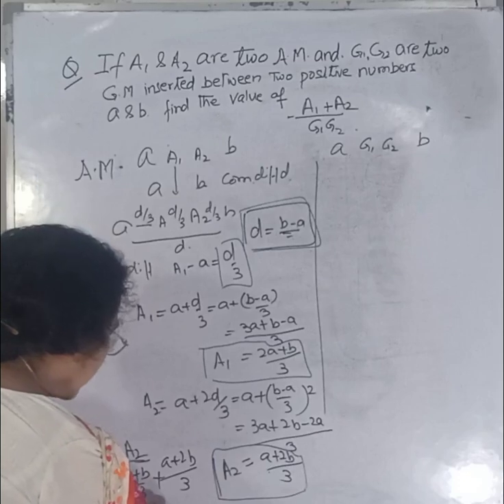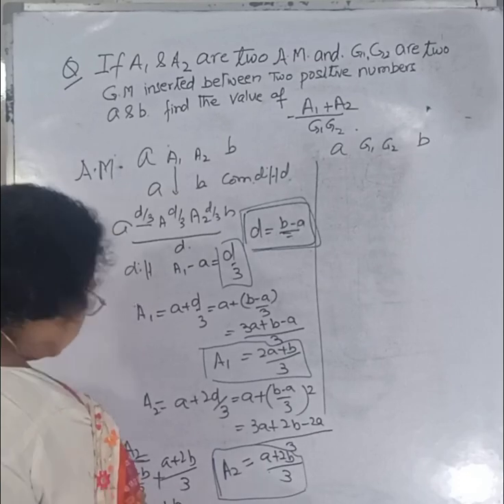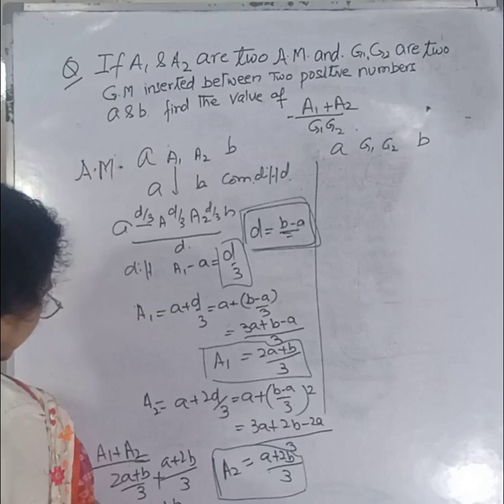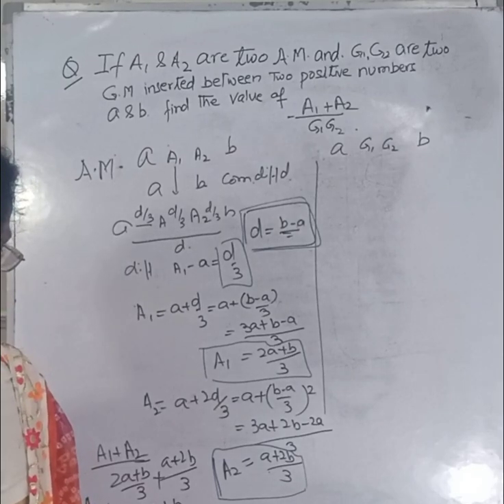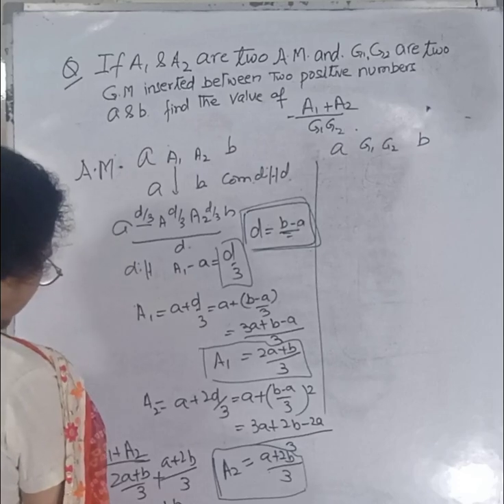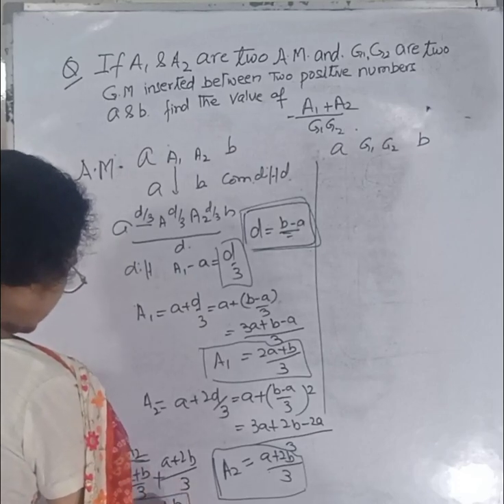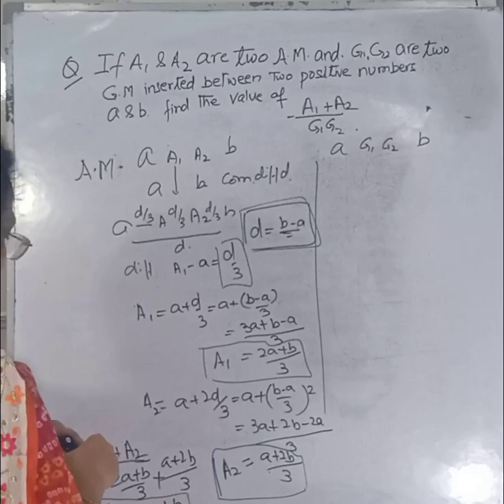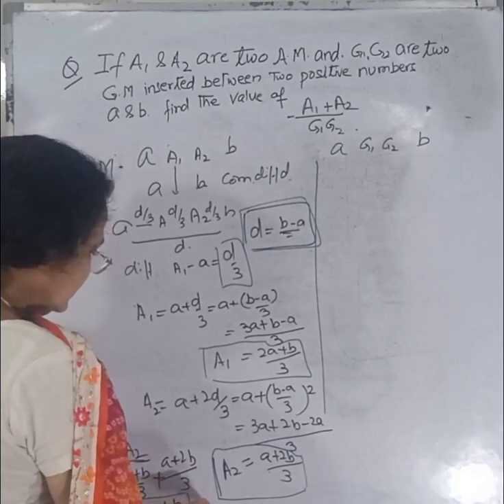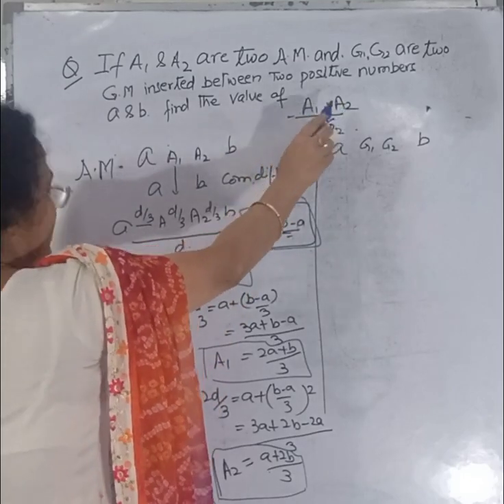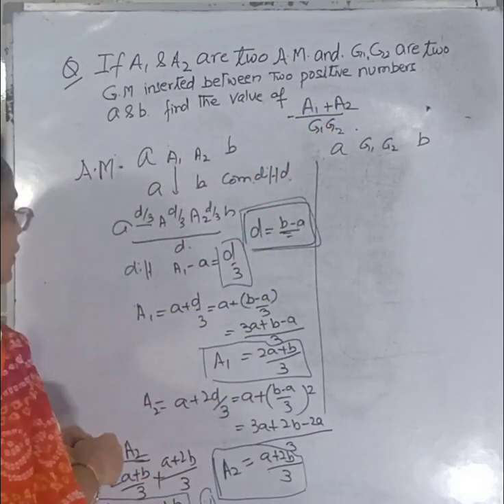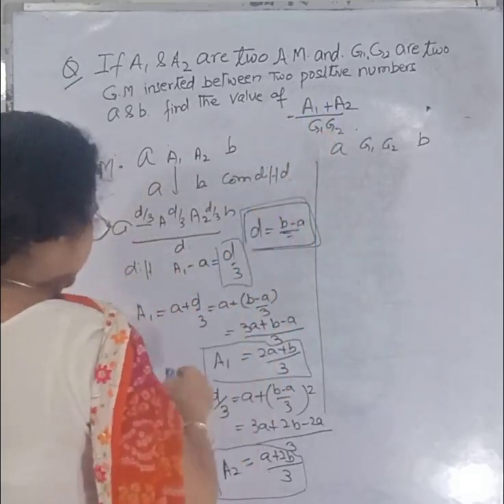It will be equal to A plus B. This will be the value of A1 plus A2. This is very important. Number 1, this is to be determined first of all, because A1 plus A2 is equal to A plus B. Now our aim is to find the value of G1 G2.